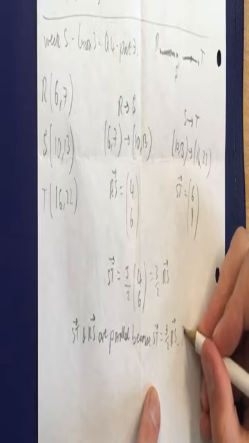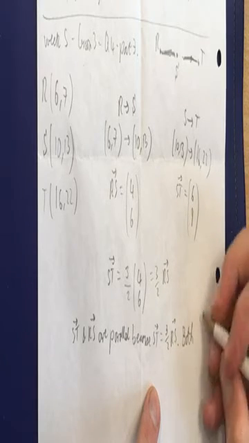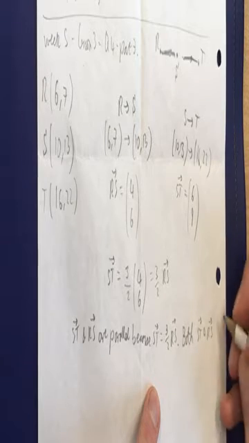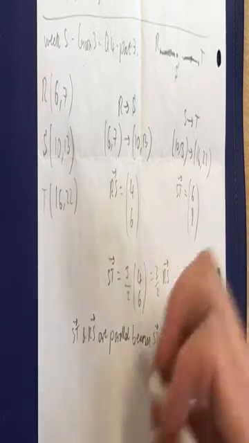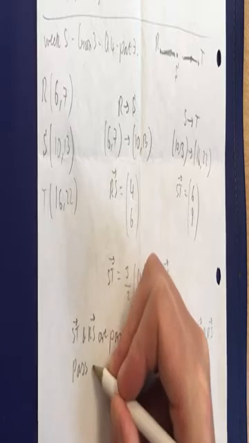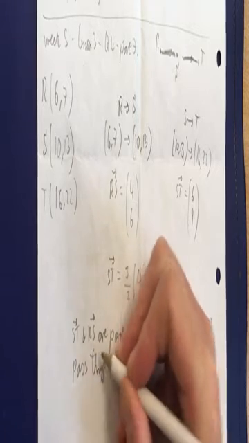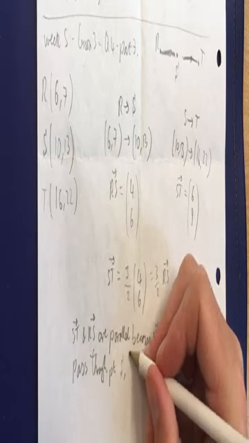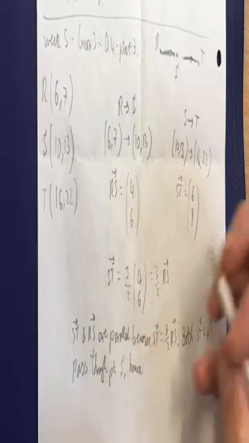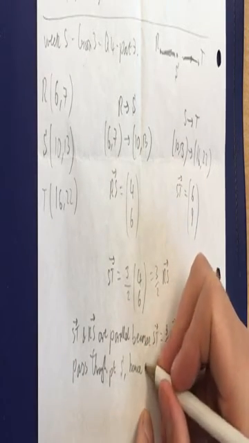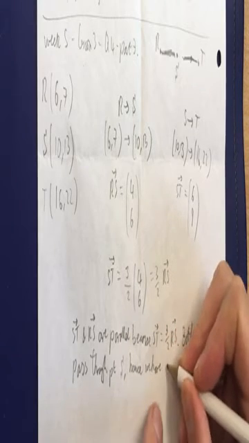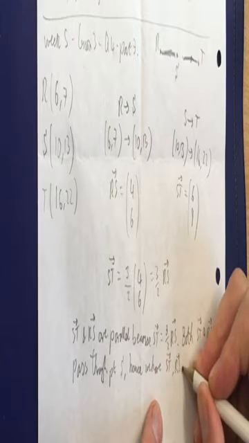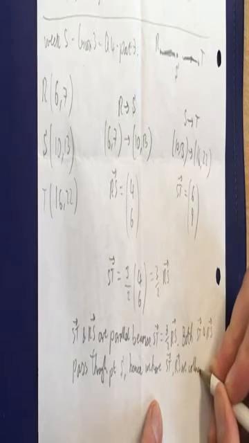And then I can say both ST and RS pass through the point S. Hence, we have ST and RS are collinear.